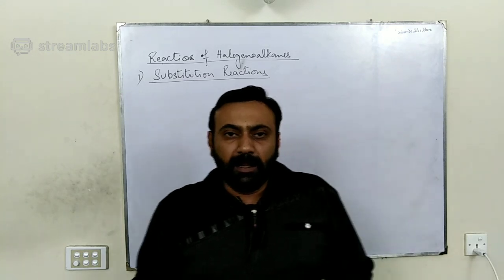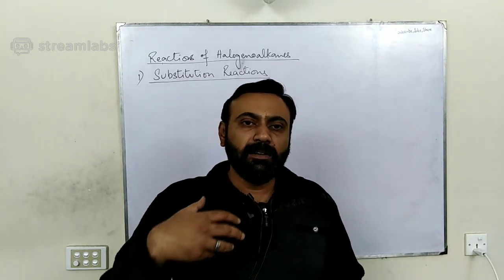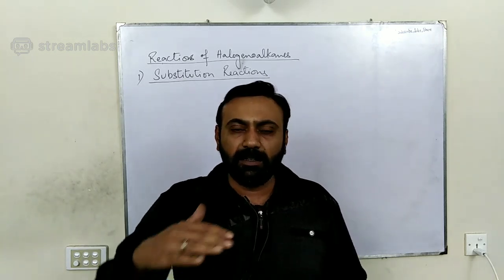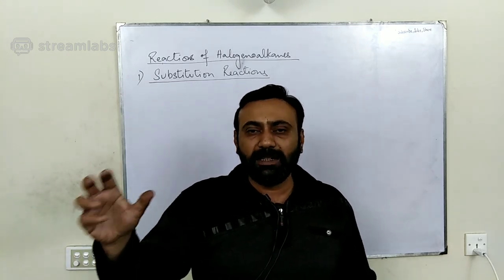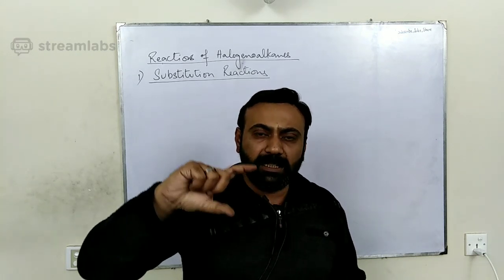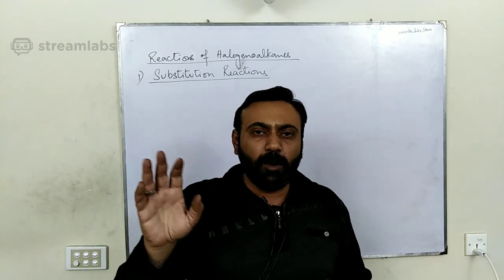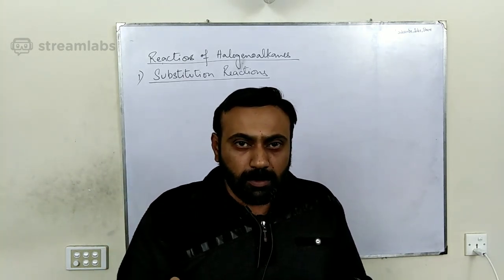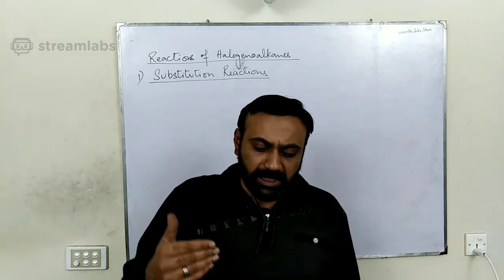In inorganic chemistry, when any radical replaces another radical from a compound, that is called a displacement reaction, like more reactive metals displacing less reactive metals from their compounds. But in organic chemistry, when any atom or a group of atoms replaces another atom or a group of atoms from an organic compound, that reaction is called a substitution reaction.